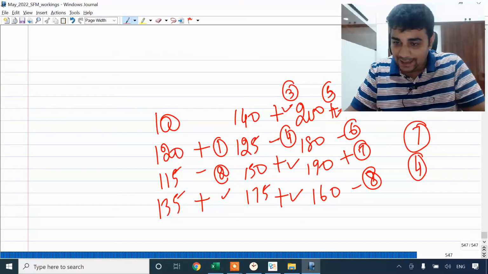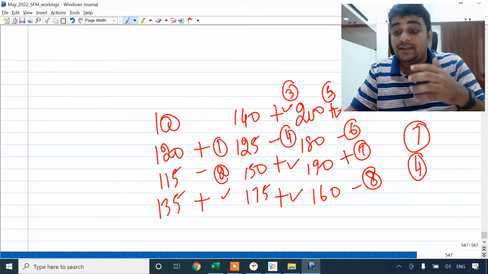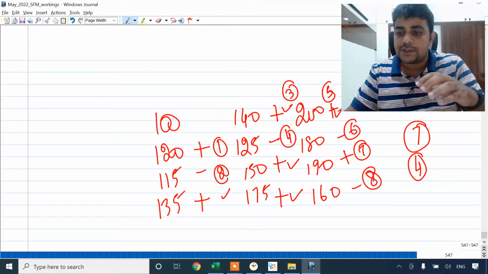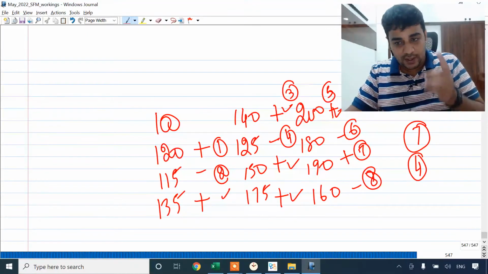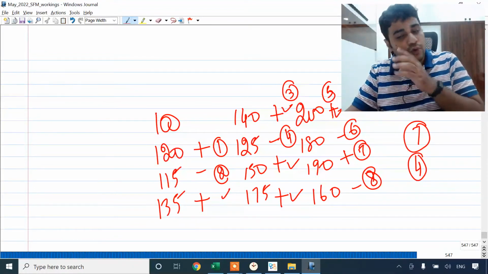Out of the 11 price changes which have happened, I could see that 8 runs are there. A run is a continuous positive or a continuous negative, or a single positive, single negative. Whenever from positive you move to negative, it's called a run. Whenever from negative you move to positive, it's called a run.